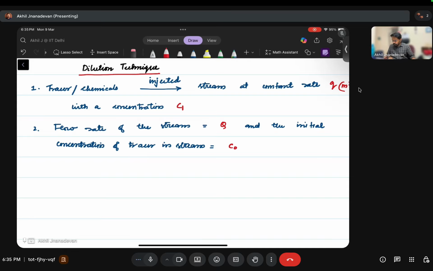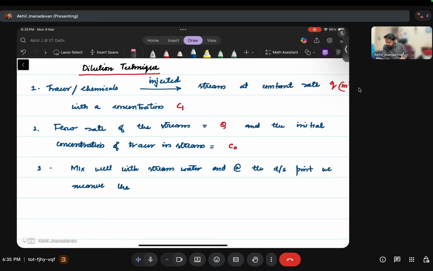And then due to the turbulence, if there is enough turbulence, it will mix well with the stream water, and at the downstream point, we measure the concentration, and that we are getting as C2.